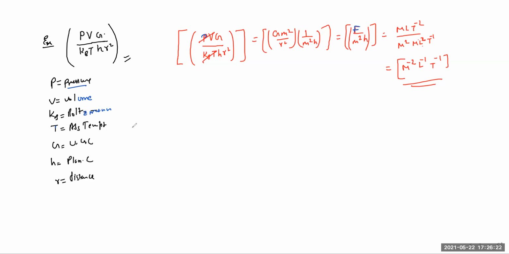Yes, because PV has the dimension of energy. What is pressure? Pressure is force upon area. And what is volume? Let's say we have a cylinder of area A and height h, so volume we can write as A into h.